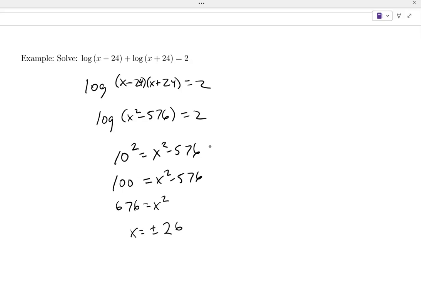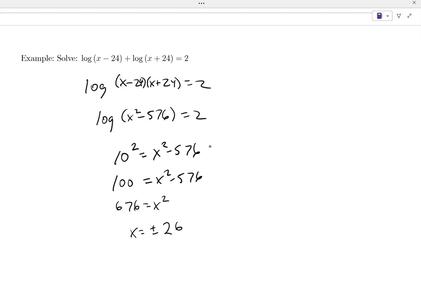Now remember, if I multiply a negative times a negative, what do you end up with? Positive, right? So it's entirely possible that you can put something in here that makes this negative and that negative. We know that negatives are bad inside the log, but when you multiply them together, the negatives went away, right? However, in the original problem, were they together?